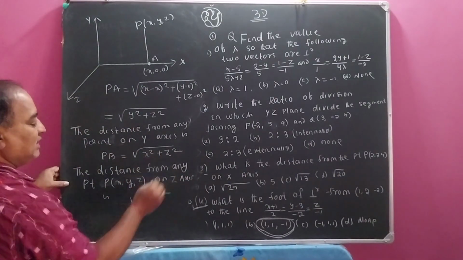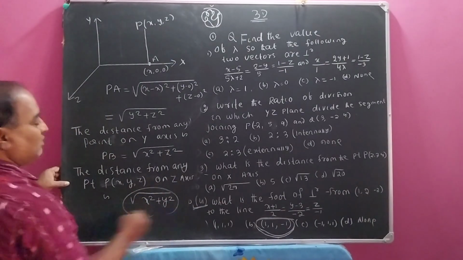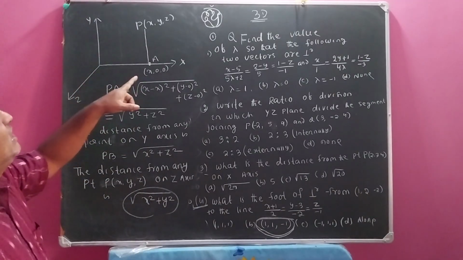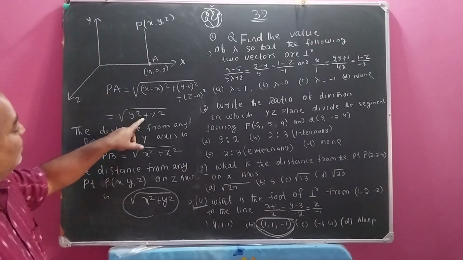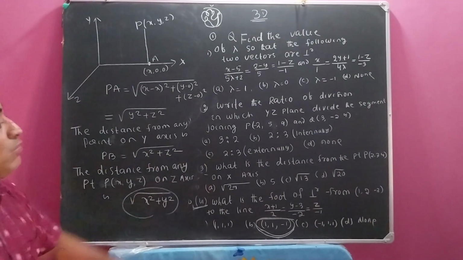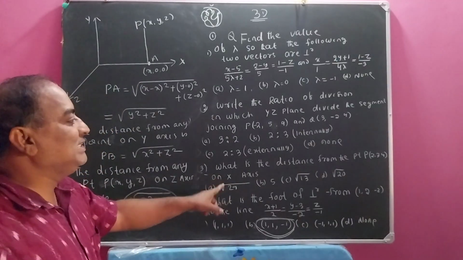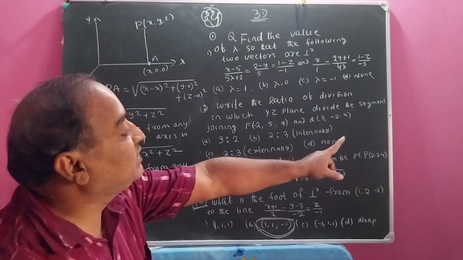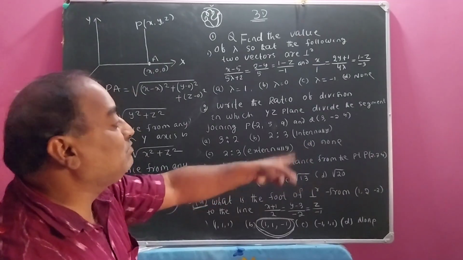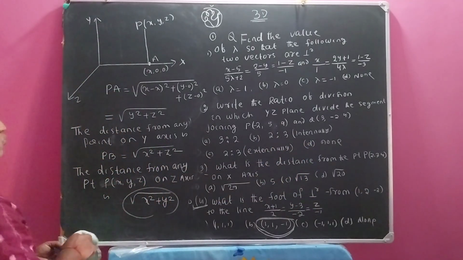It is root of x square plus y square. So this is the distance from any point P(x, y, z) to the x-axis, the y-axis and the z-axis. But in our question, P is (2, 3, 4) on the x-axis, so that is root of y square plus z square, that means root of 3 square plus 4 square. Write down the answer of our question.